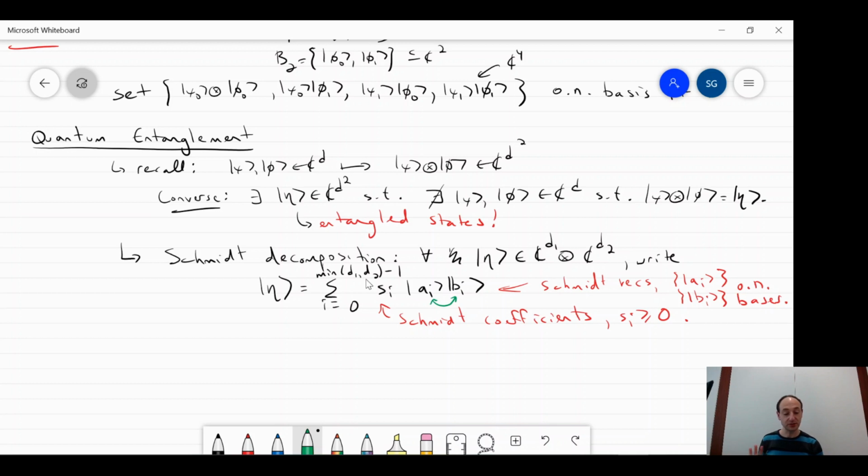So the Schmidt decomposition is crucial, and it tells us basically whether or not our state is entangled, because the Schmidt rank of the state, remember, is the number of non-zero Schmidt coefficients.